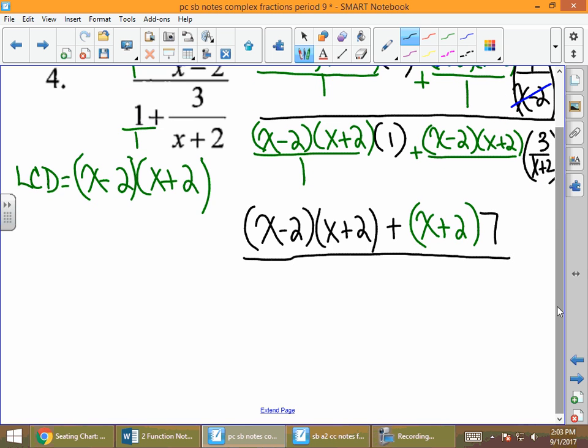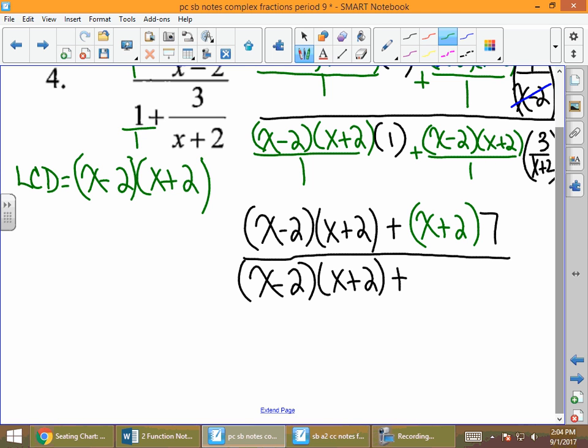In the denominator, we have x minus 2 times x plus 2 times 1. Once again, anything times 1 is that anything, which is the x minus 2 times the x plus 2. And to the very, very far right of the screen, we've got x minus 2 times x plus 2 times 3 over x plus 2.